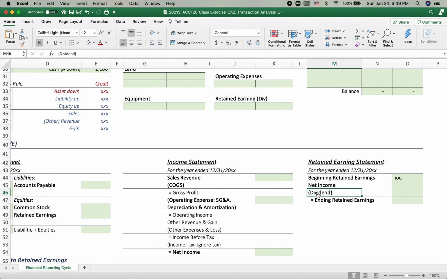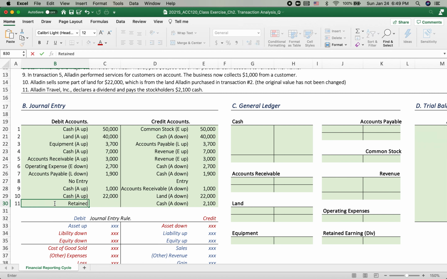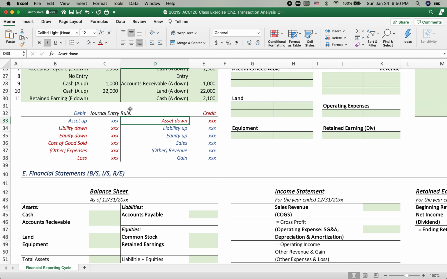So this dividend is reducing the retained earnings, right? So we put retained earnings, the equity account, because the company paid a dividend. So this is equity down. This is the combination of equity down and asset down by paying this dividend, 2,100.